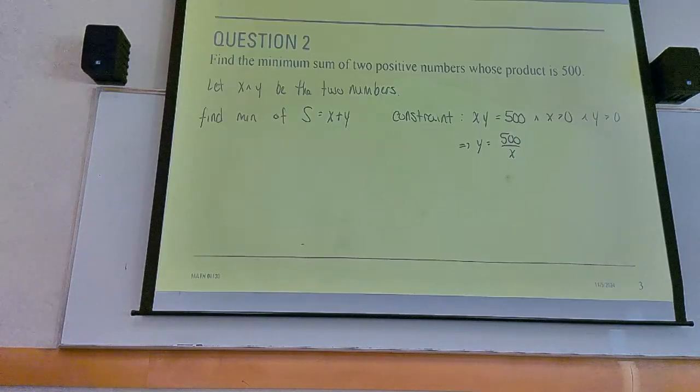y would then have to be 500 over x. There's our sum function. X plus 500 over x. Domain, we're told that x has to be larger than 0.